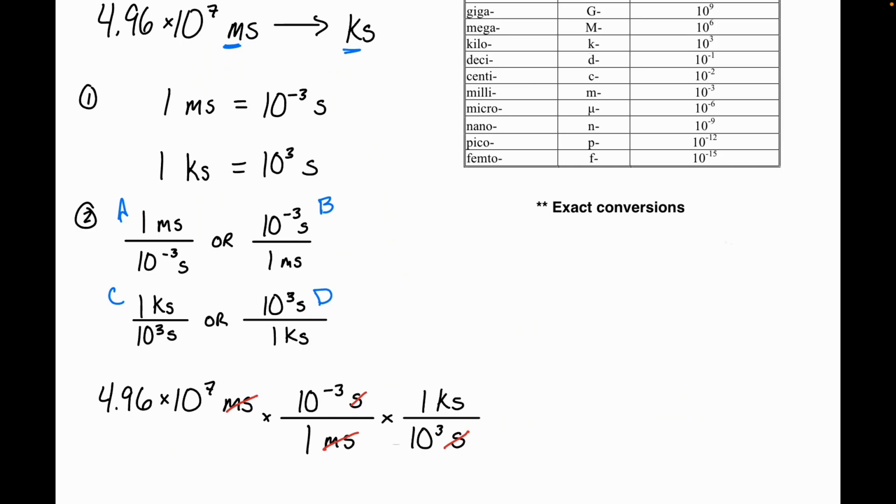Make sure we can deal with these numbers in scientific notation in our calculator. Again, we're going to be working a lot with exponents, so make sure you know how to put exponents into your calculator.